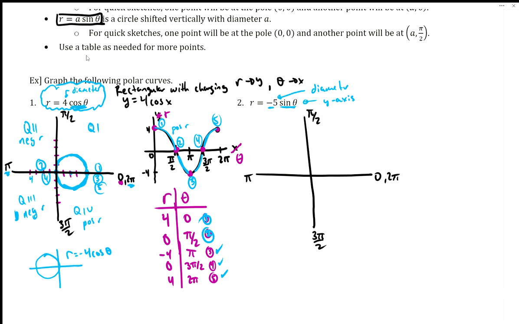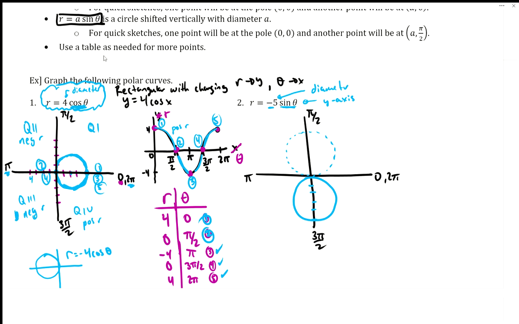So a positive y, I would think, should put me here as a circle. The negative 5 should be down here. Okay, so we would have 1, 2, 3, 4, 5, and that would be it. So that's the very quick way to have done this problem using just the reference from before.